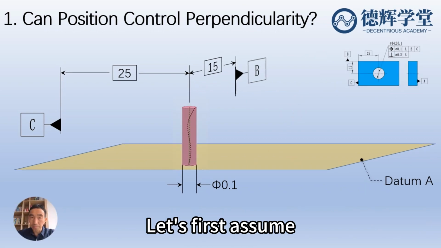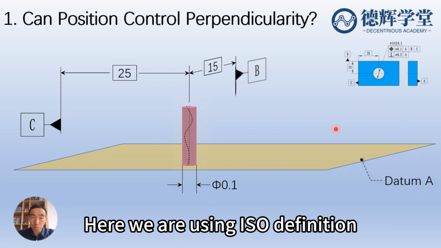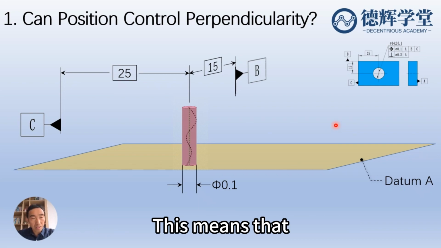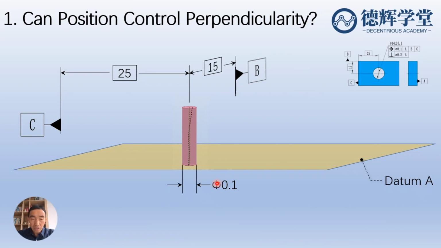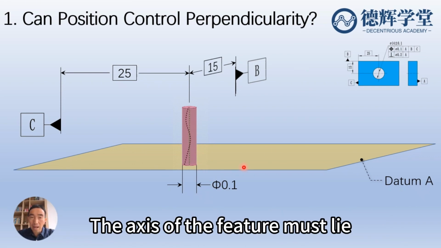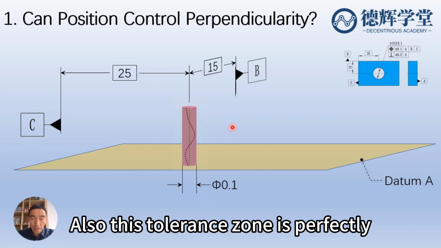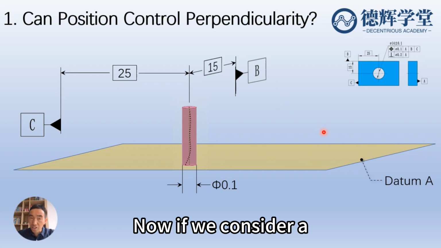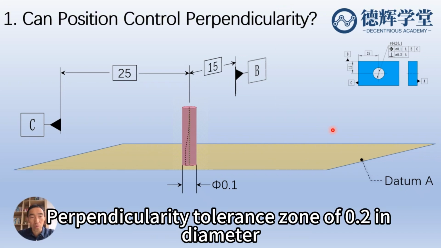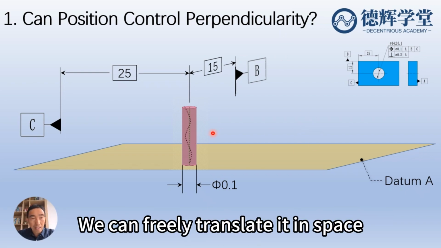Let's first assume that the position tolerance requirement is satisfied. Here we are using the ISO definition. This means that, regardless of how the feature bends or deforms, the axis of the feature must lie entirely within the 0.1 position tolerance zone. Also, this tolerance zone is perfectly perpendicular to datum A. Now, if we consider a perpendicularity tolerance zone of 0.2 in diameter, we can freely translate it in space.